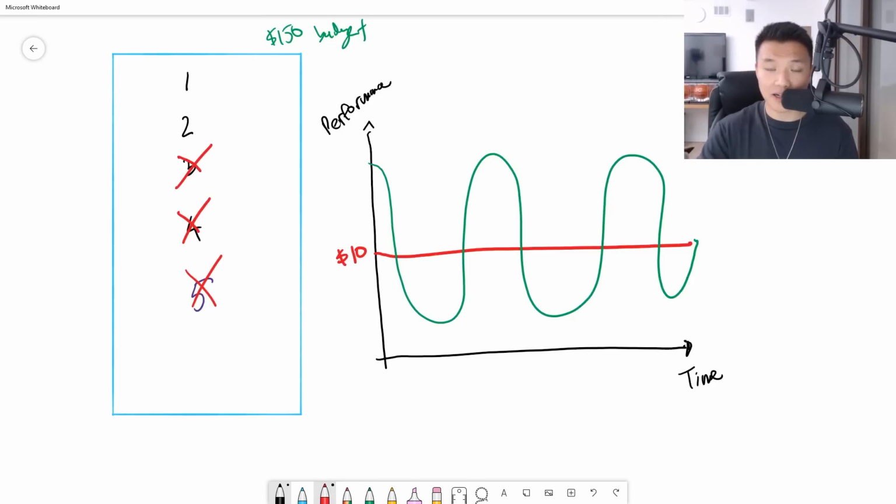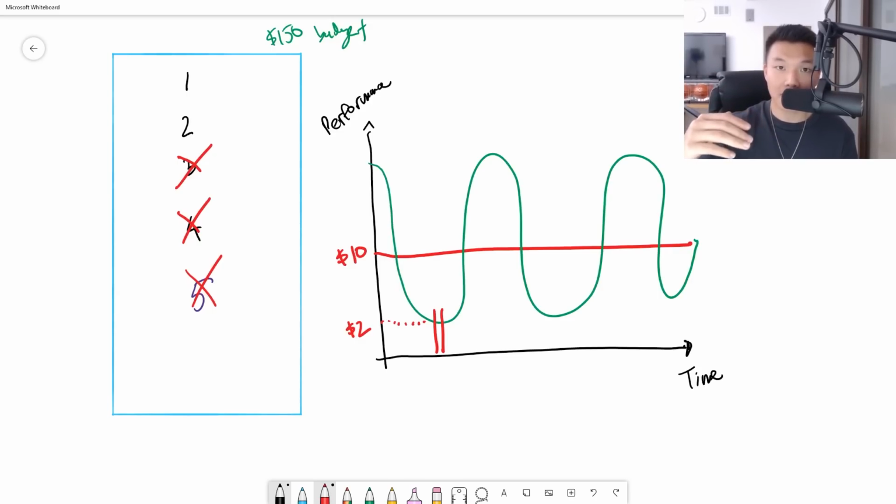Let's say on a particular day, this happened to be your snapshot and your cost per result over here is actually $2. Well, in this situation, you're thinking, oh my God, I need to scale to the moon. I need $10 and I am getting 2. It is time to scale, baby. So you up your budget dramatically.